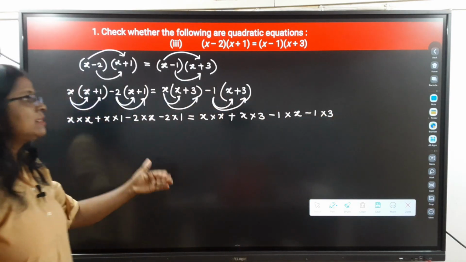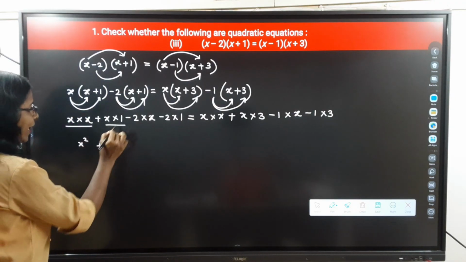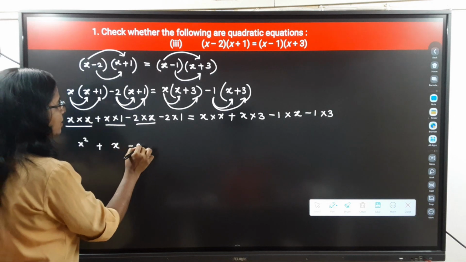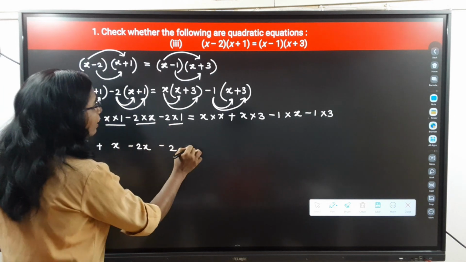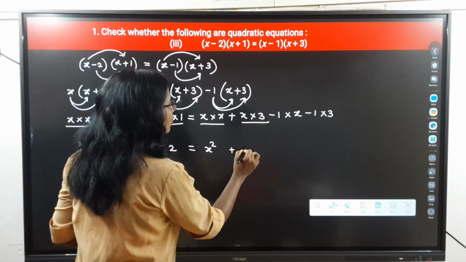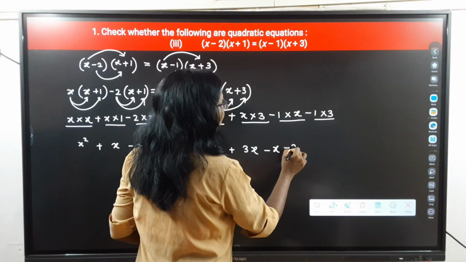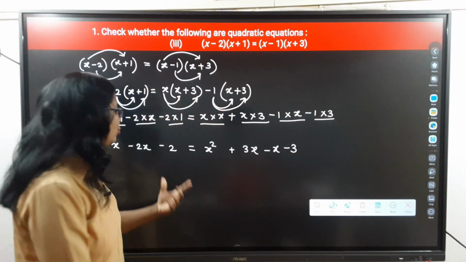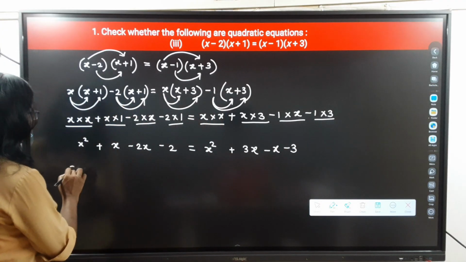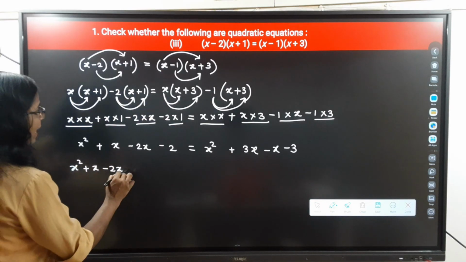Now further simplify this equation as x square plus x minus 2x minus 2 is equal to x square plus 3x minus x minus 3.